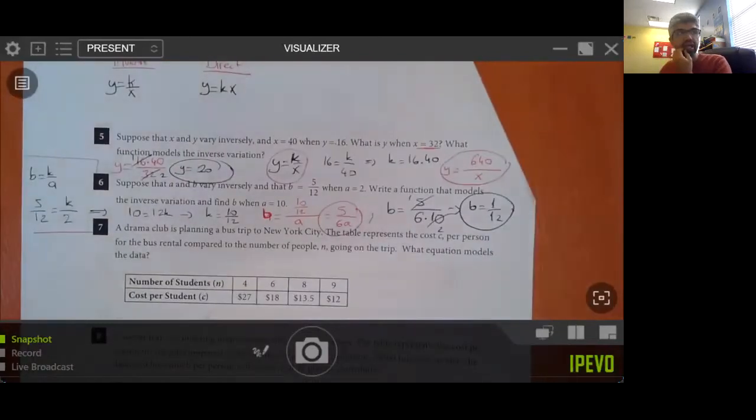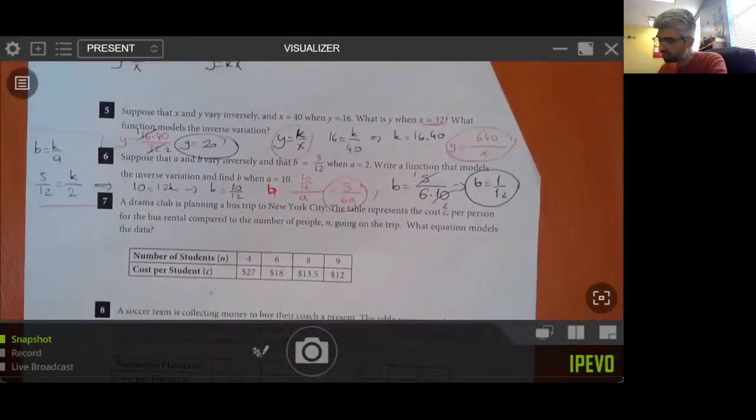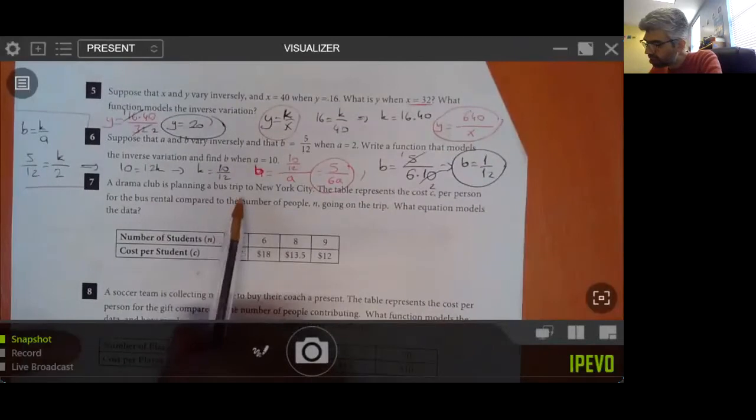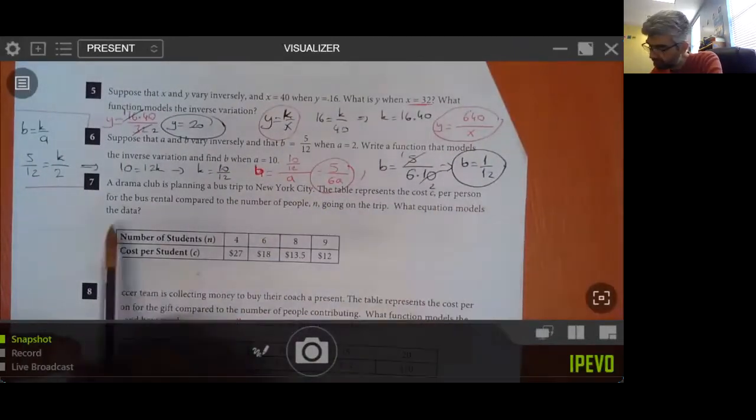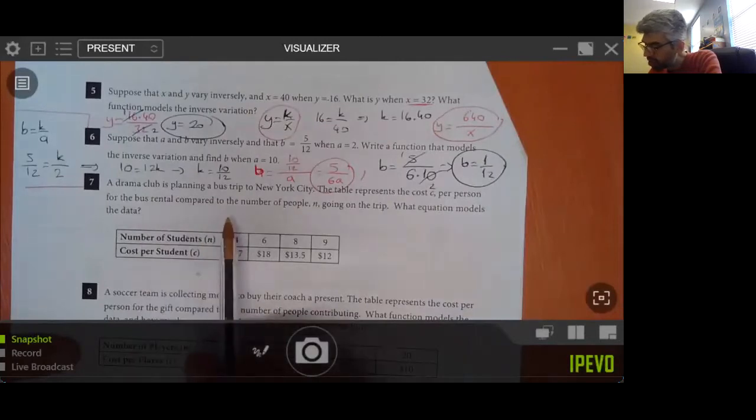A drama club is planning a bus trip to New York City. The table represents the cost C per person for the bus rental compared to the number of people N. So number of students, cost per student. As you see, more people, less money.